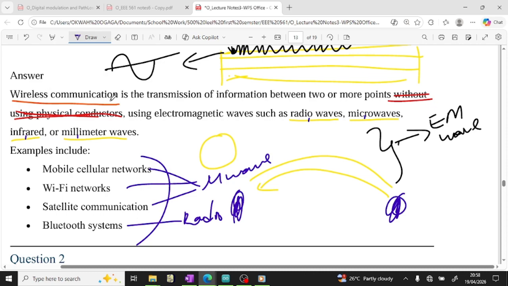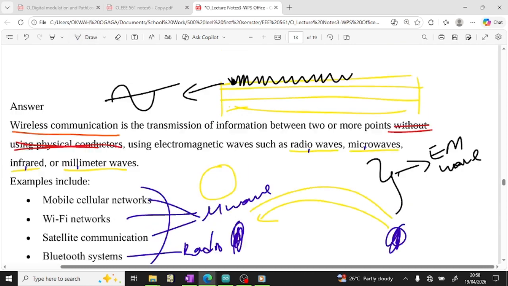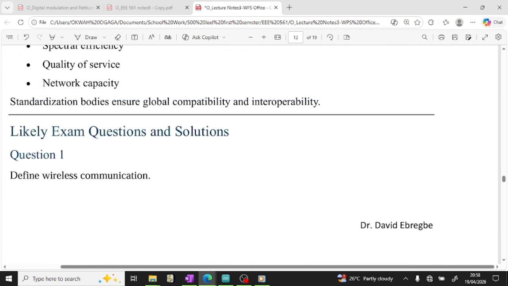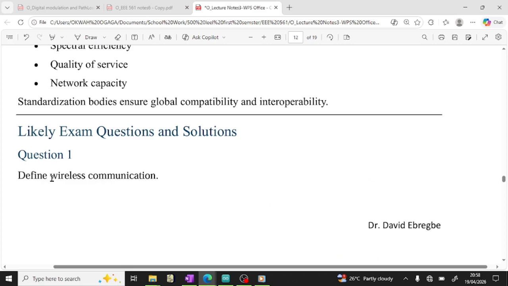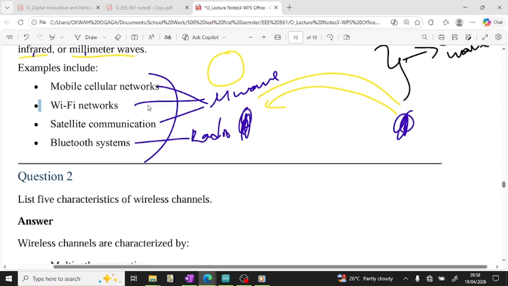Just know the definition of wireless communication, which I just explained. I think the examples were just added; if you look at the question, it's not there. The question is just to define wireless communication. But of course, if you mention the examples, you can do that. Mobile phone communication is wireless.